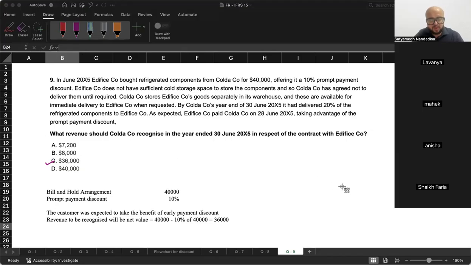A bill and hold arrangement is a special type of transaction. ठीक है. If you want, I will give you a small revision of that right now ताकि वो revise हो जाए. Just give me one moment. I'll just copy paste that much here.